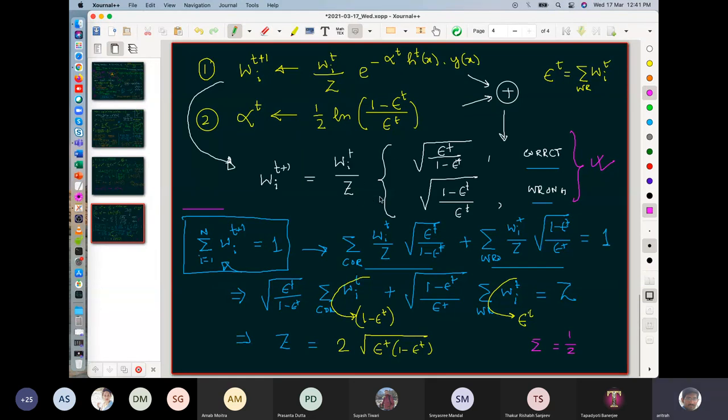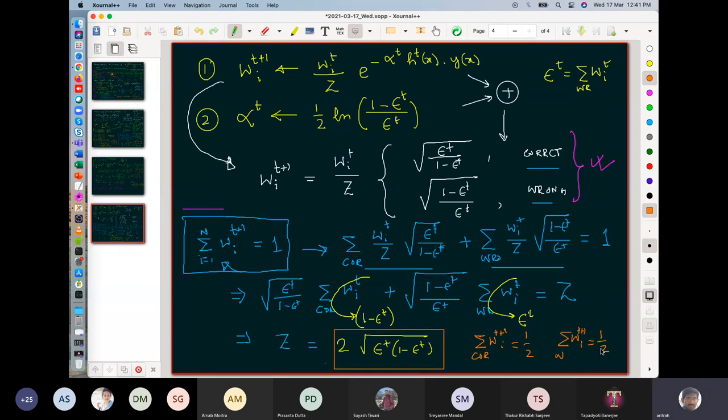Sum over all the correct points and sum over all the wrong points. So what I want to mean is that if you do this computation, sum over w_i^(t+1) for all correct points, and sum of w_i^(t+1) for all the wrong points, you will see that due to this particular derivation that we can get now, if you do this, exactly it will be half.